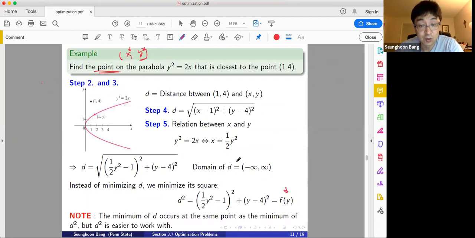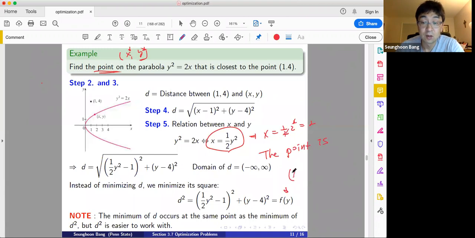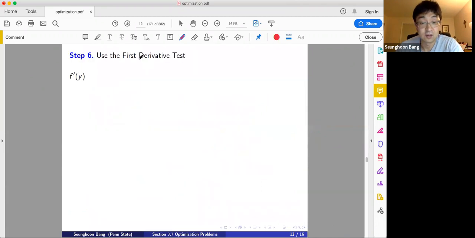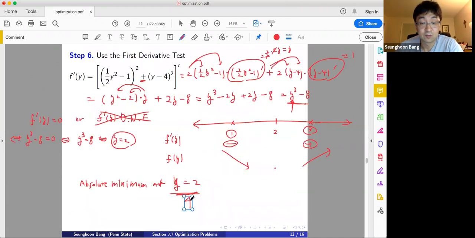You can use the relation of x and y here. x equals 1/2 times y squared, y is 2, 2 squared. The 2 is crossed out, only 2. What's the point? The final answer is, the point is x and y. The x is 2. The y, we have it here, is 2.